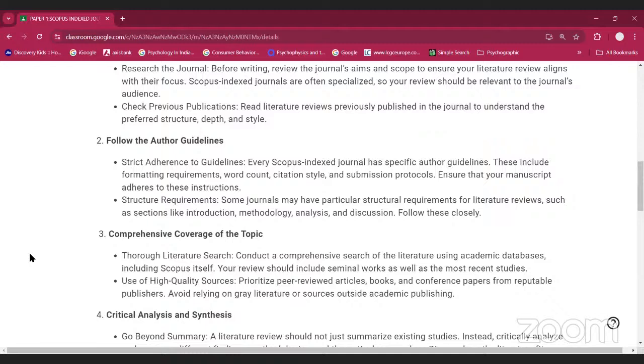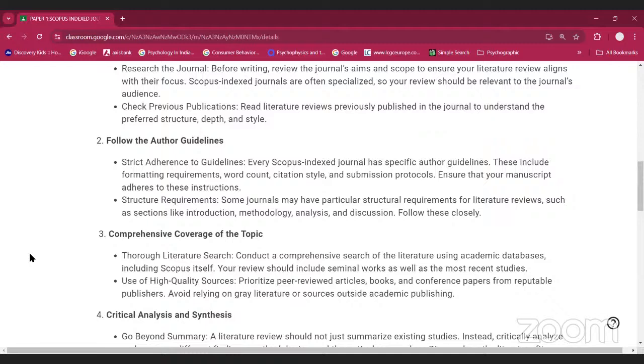Fourth is critical analysis and synthesis. Go beyond summary. A literature review should not just summarize existing studies, instead, critically analyze and compare different findings, methodologies, and theoretical approaches. Discuss how the literature fits together, where there are gaps, and how your review contributes to the field.